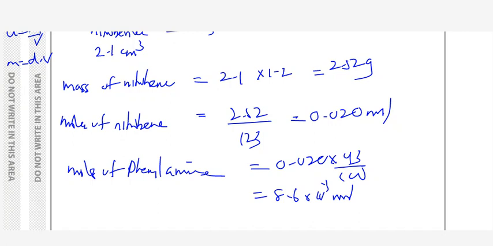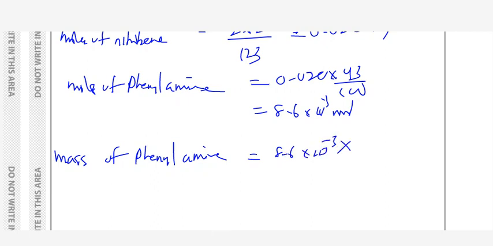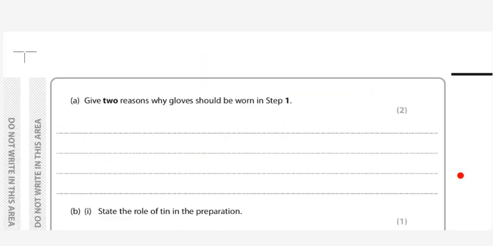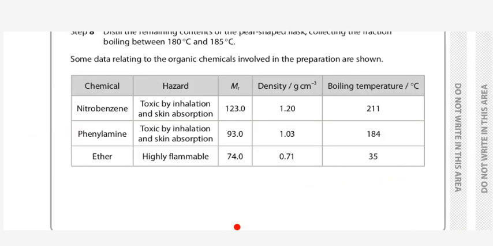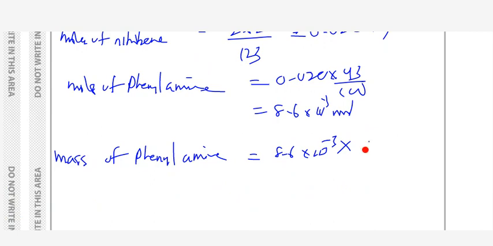Then you multiply that by the molar mass to get the mass of phenylamine. The molar mass is also given in the question: 93. Times 93, you get 0.7998 grams.